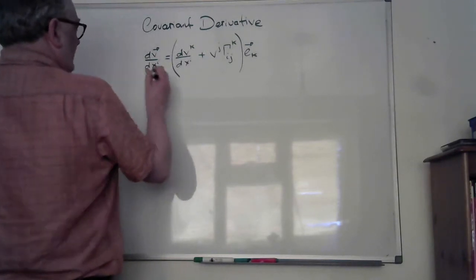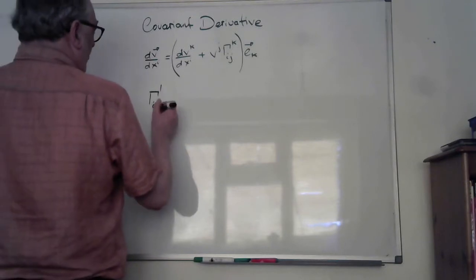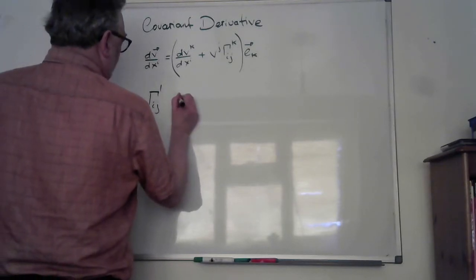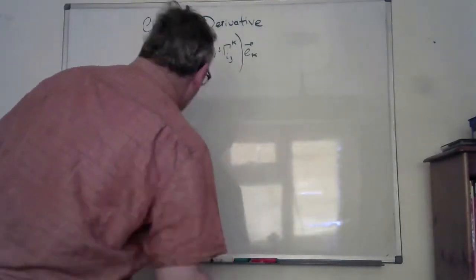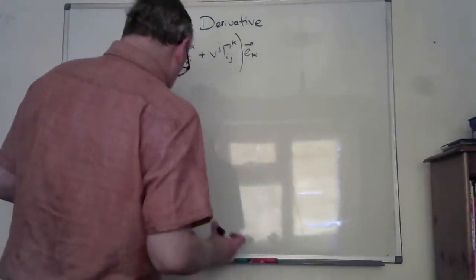The Christoffel symbol, gamma superscript 1 ij, is, in fact, I'll just shorten the sentence a little bit.